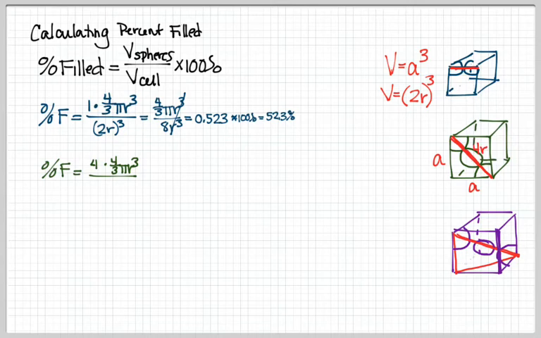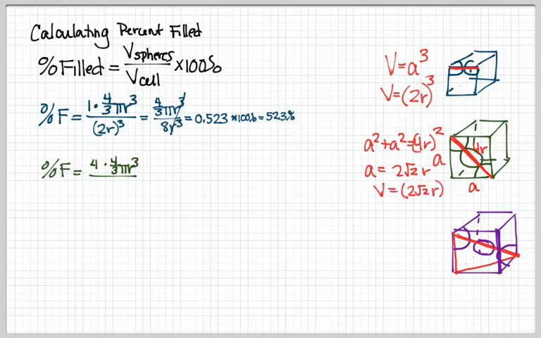1, 2, 3, 4. And so if we do our Pythagorean theorem, a squared plus a squared equals 4r squared, then we work out that the edge length is 2 square root of 2 times r. And so then the volume will be 2 square root of 2 times r, cubed.